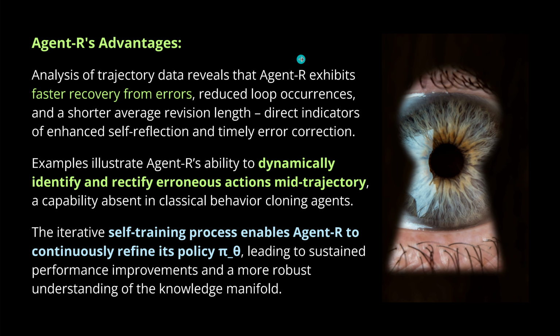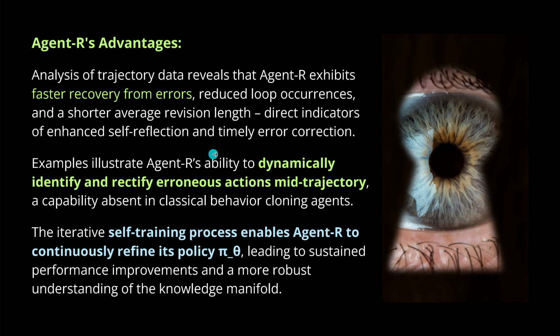The actual research and the real intelligent agents, like Agent R, have advantages. They have a faster recovery from errors in their pathways, in the reasoning structure, if the entity loops, and they have a shorter average revision length. So this is a behavior that we want to have.